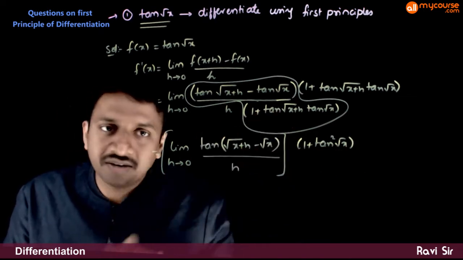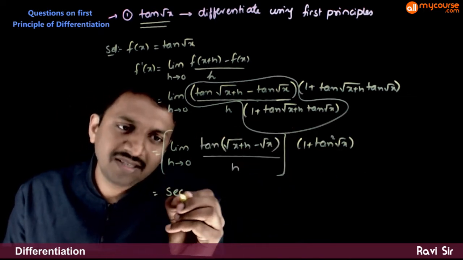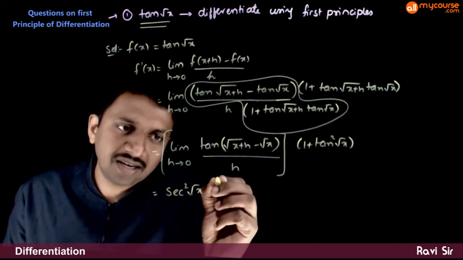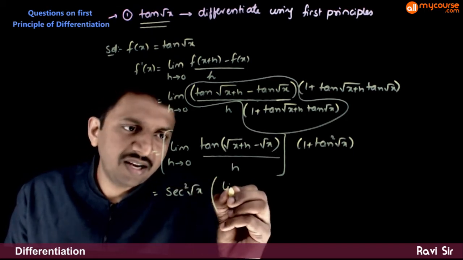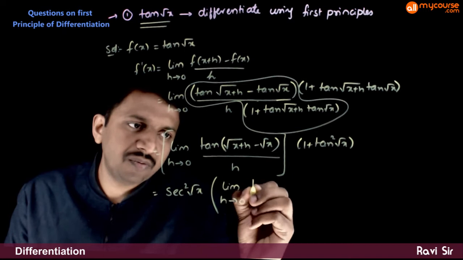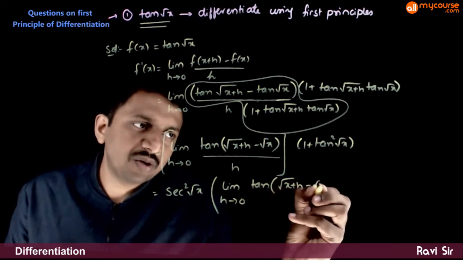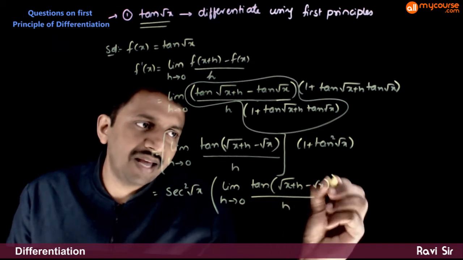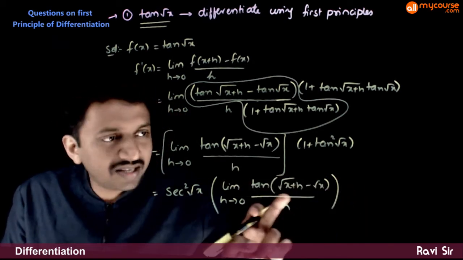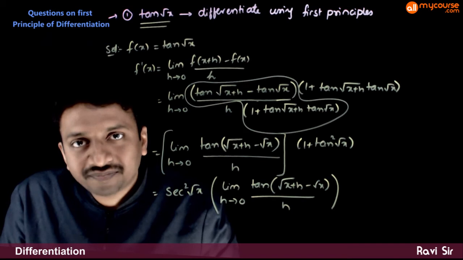So this got separated. So that is secant square root x times limit h tends to 0, tan of root of x plus h minus root x by h. So let us see how you can find this limit.